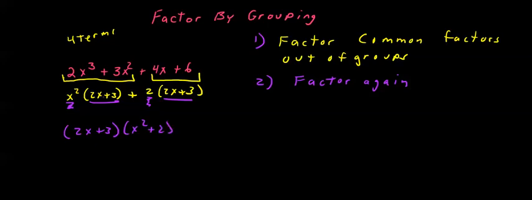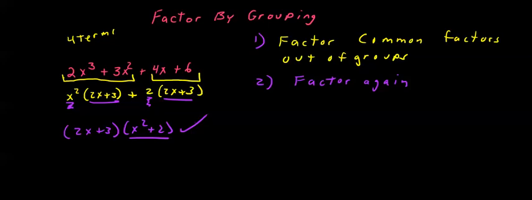And when we pull that out, we're left with x squared plus 2. And we're done. That's it. You factor a common factor out of two groups, and then you factor that common factor out.